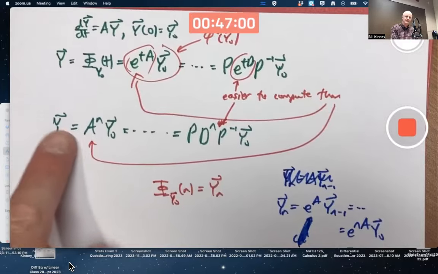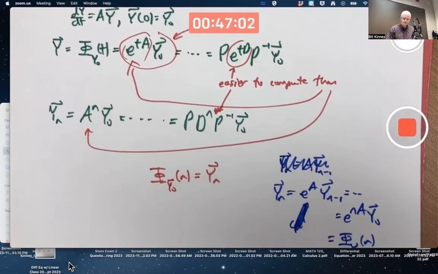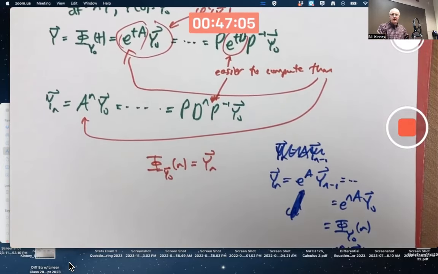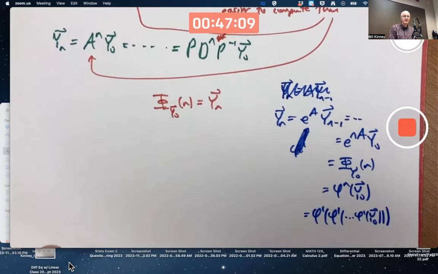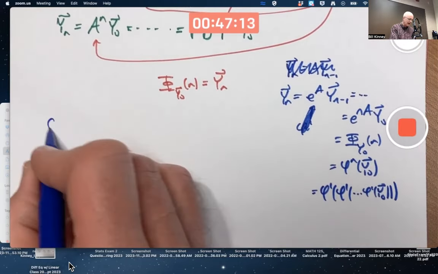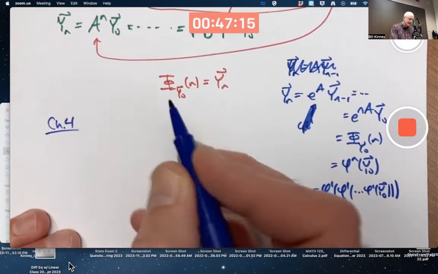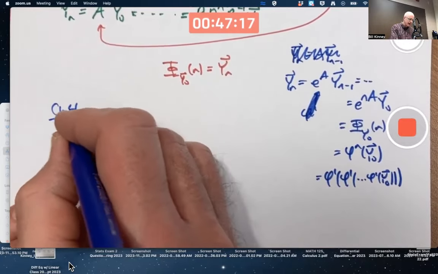This is the more important stuff. I need to go quickly with chapters 4 and 5 so we can get to chapter 6. So chapter 4 was forced harmonic oscillators.